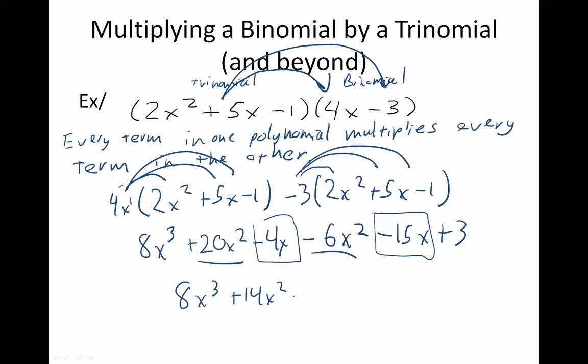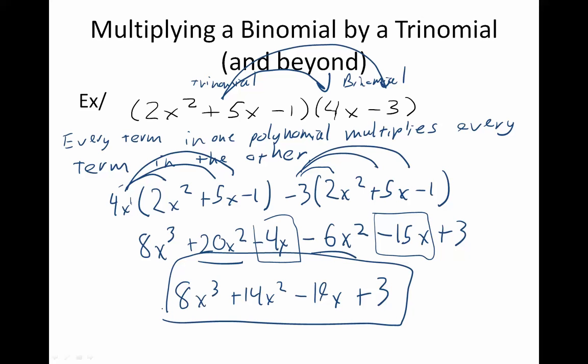Minus 4x minus 15x is minus 19x, plus 3. Nothing else can be combined. Final solution. So that is with taking this whole trinomial and distributing it to each term in the binomial. Again, remember, every term in one polynomial multiplies every term in the other.